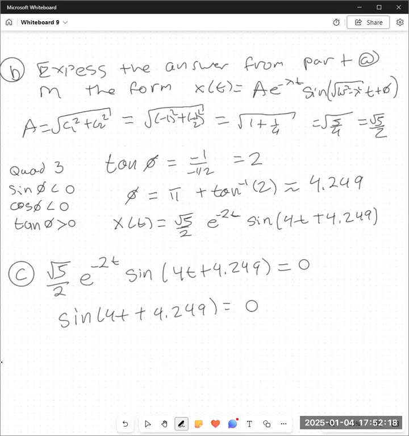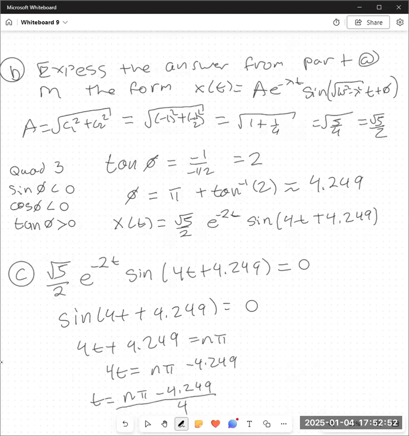So that means that 4t plus 4.249 is equal to n pi, and 4t is equal to n pi minus 4.249, meaning that t is exactly equal to n pi minus 4.249 over 4.